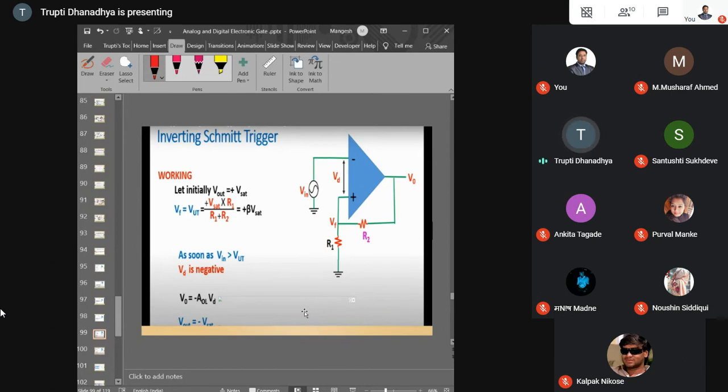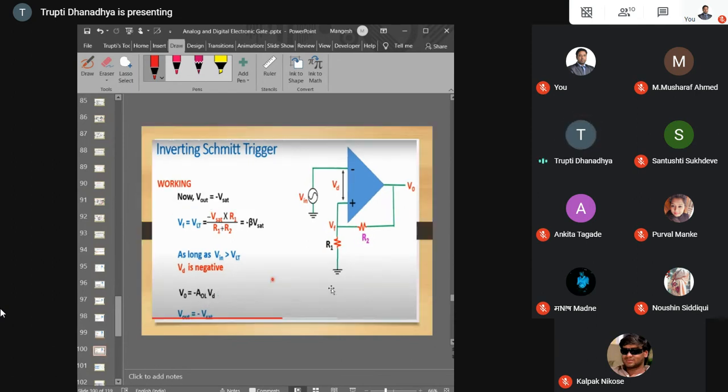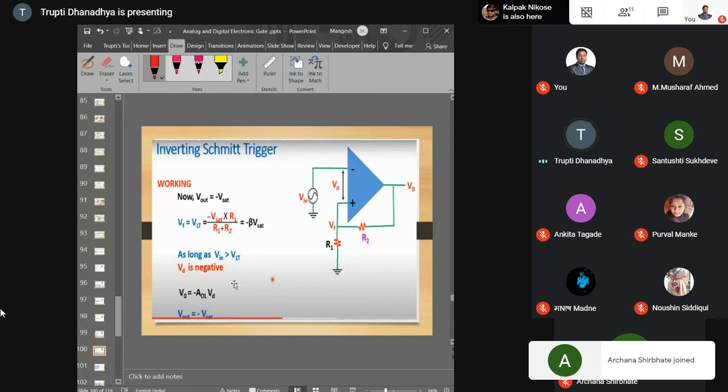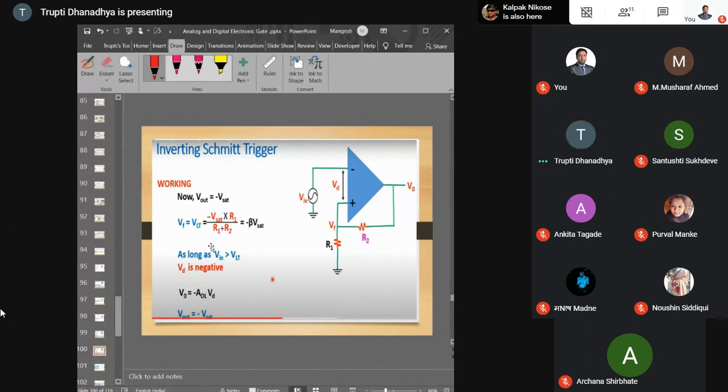And if the upper threshold voltage is less than Vin, the output goes to the opposite. So this is the equation, and the output is equal to plus V saturation. So VLT is given by this equation, Vin is greater than VLT and VD is again negative. This equation is obtained by using this relation only, and we get the output equation like this.